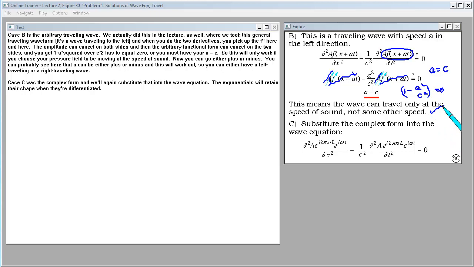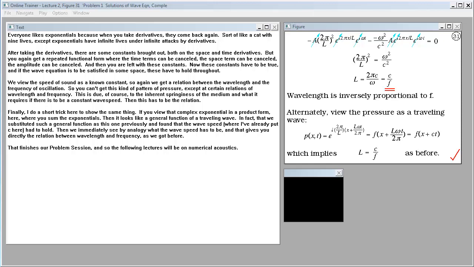Case C was the complex form, and we'll again substitute that into the wave equation. The exponentials will retain their shape when they're differentiated. Everybody likes exponentials because when you take derivatives, they come back again, sort of like a cat with 9 lives, except exponentials have infinite lives under infinite attacks by derivatives.